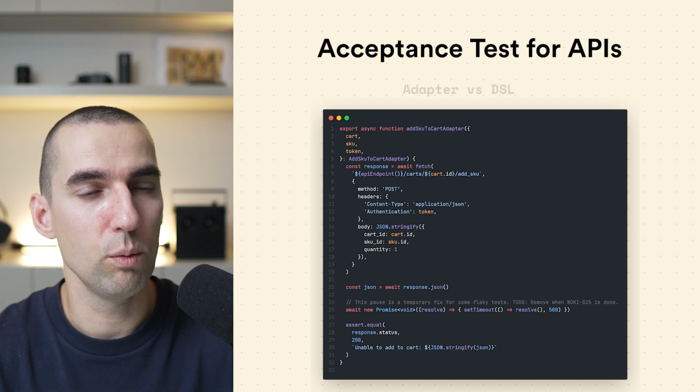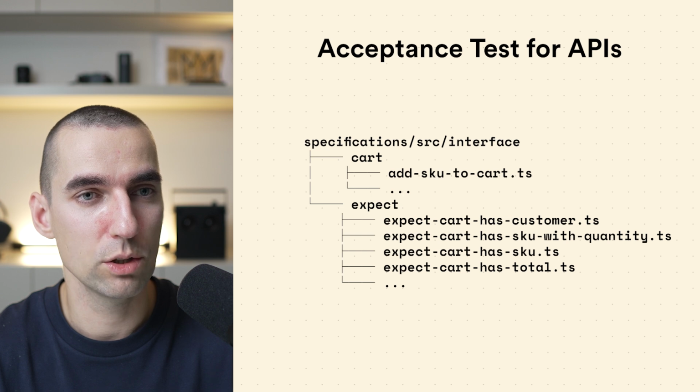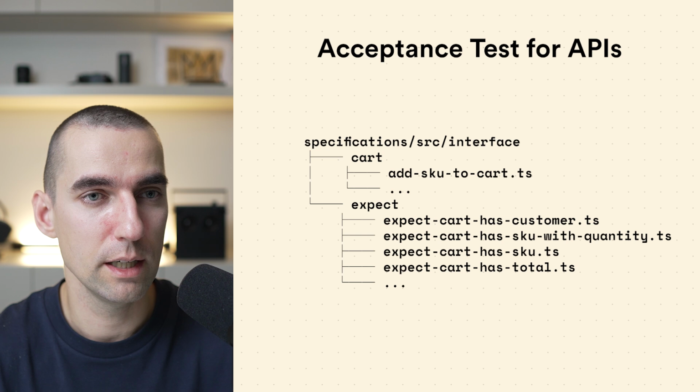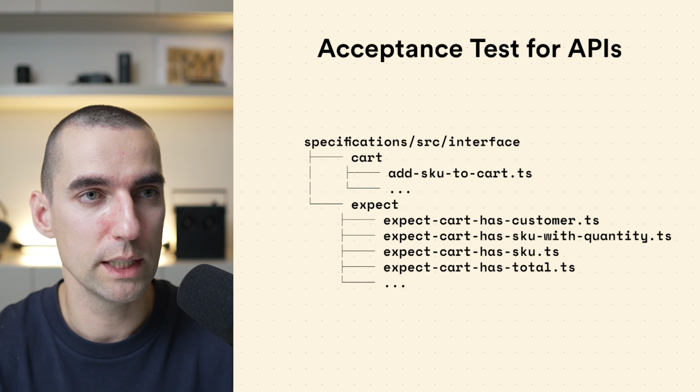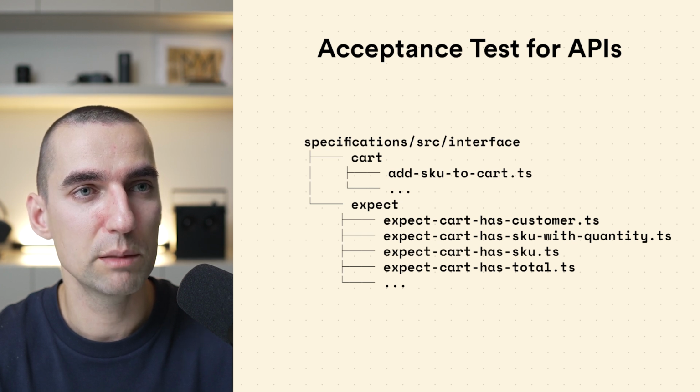Now, we've talked about adapters. Now let's talk about the DSL. So for that, we have a folder called interface, where it's split in 2 areas. This is a very big application, very big API surface here. So we did split within the team.